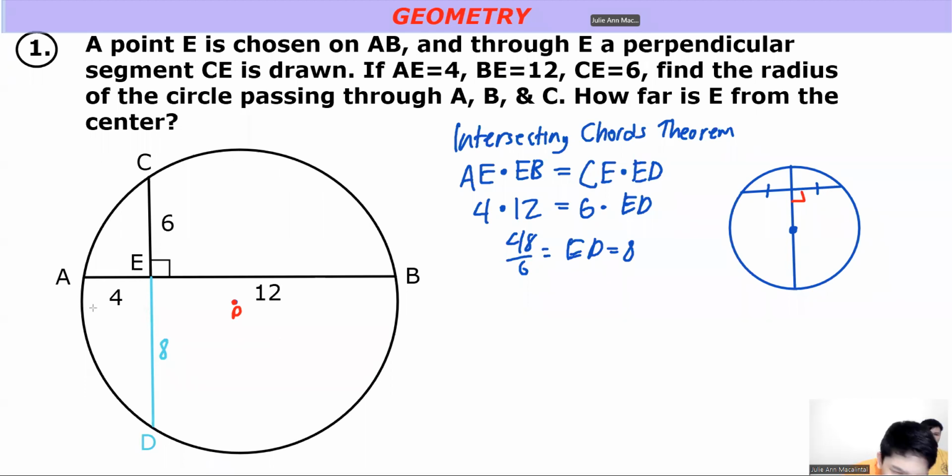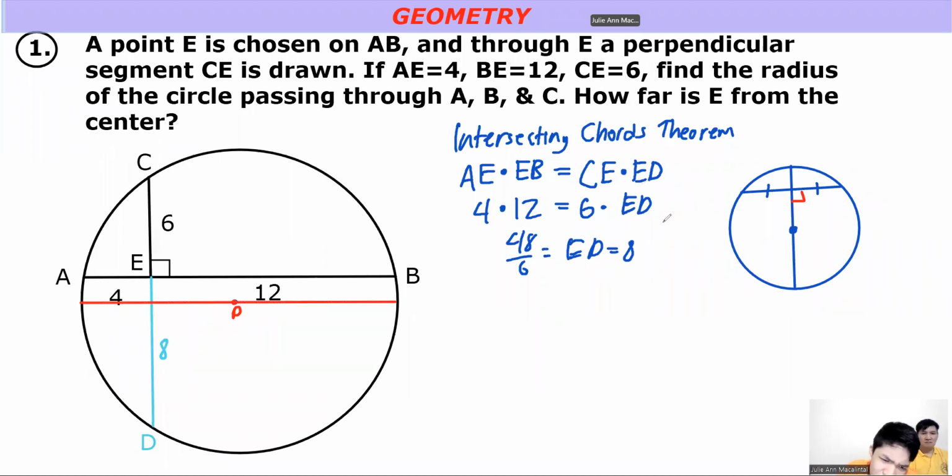So if we draw a diameter, wait, I'll just get this one. Then make it here. It passes through the center P. So this must be a diameter. The only chord that passes through the center is a diameter.